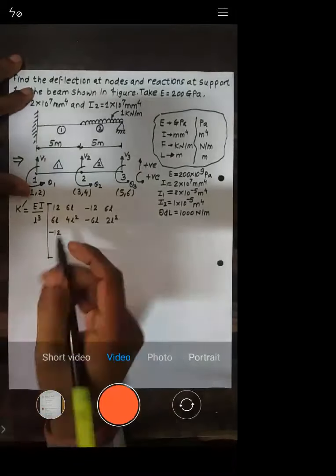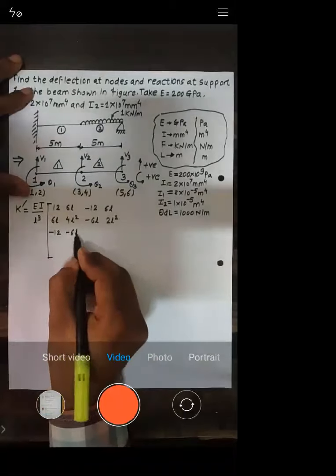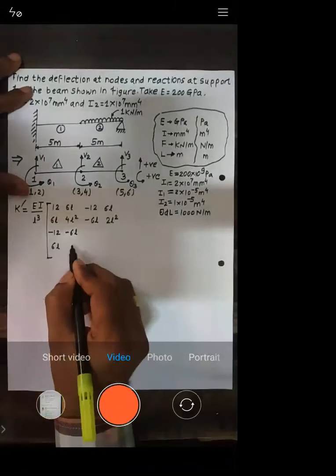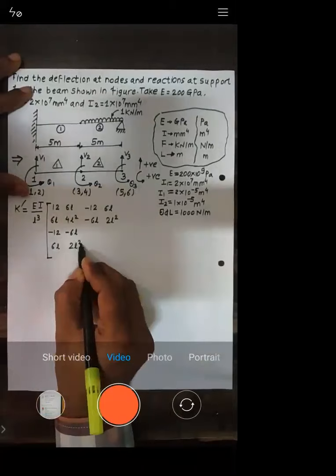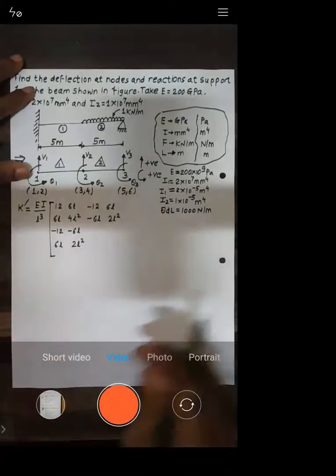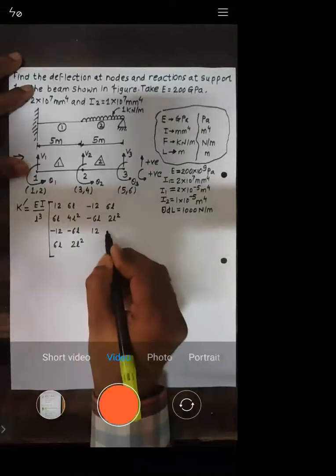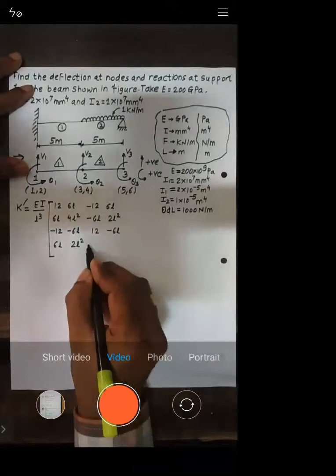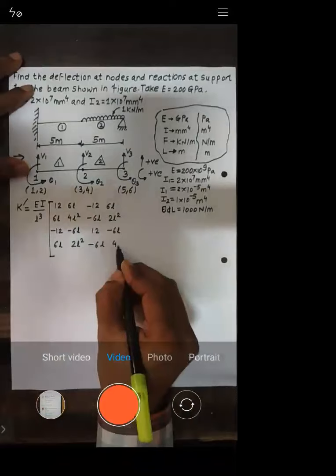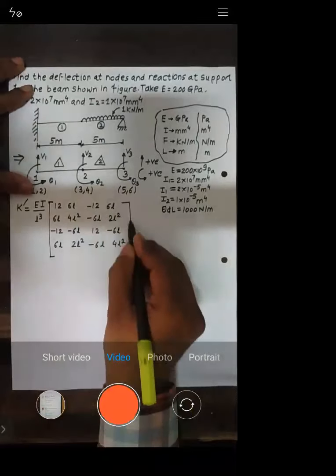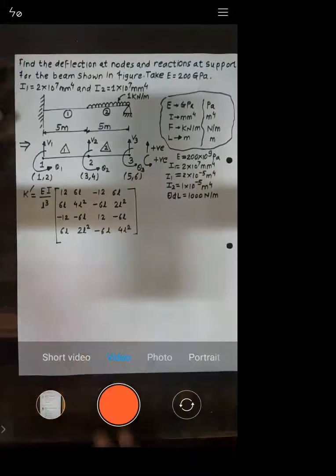Minus 12, minus 6L, 6L, 2L square. Next, 12, minus 6L, minus 6L and 4L square. Is it okay?